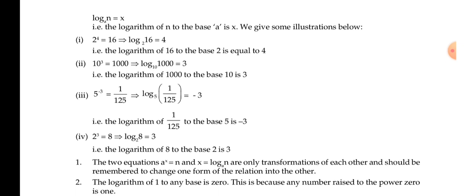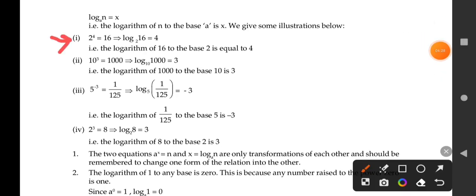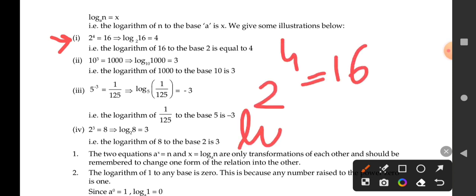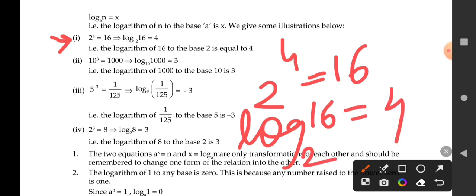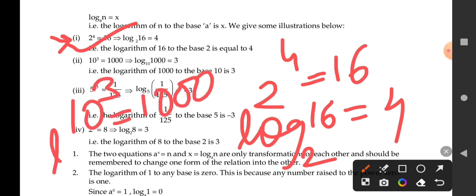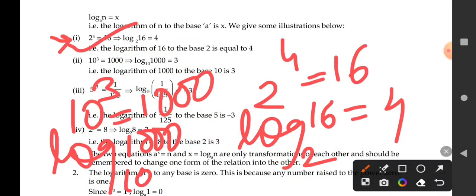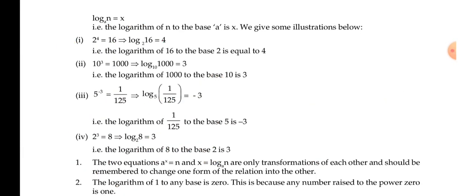Now we will see some illustration below. Number 1, 2 power 4 is equals to 16 can be written as log 16 to the base 2 is 4, right? 10 power 3 is 1000 can be written as log 1000 to the base 10 is 3. Okay.